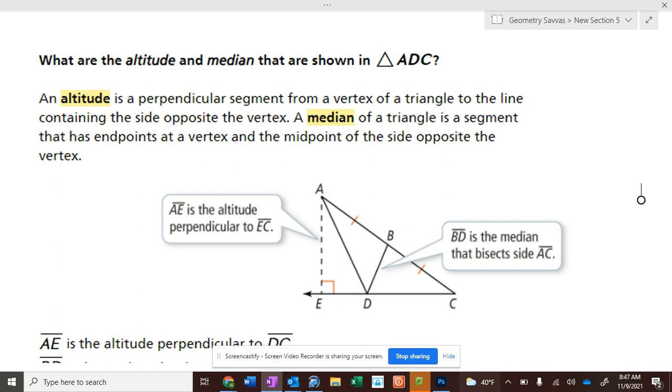A median of a triangle is a segment that has endpoints at the vertex and the midpoint of the opposite side. So it goes from the vertex to the midpoint of the opposite side of the triangle.